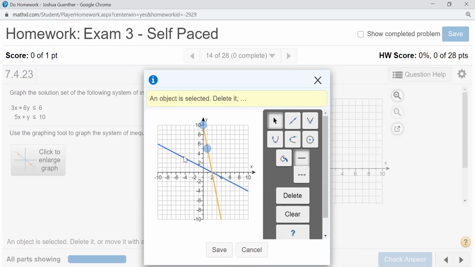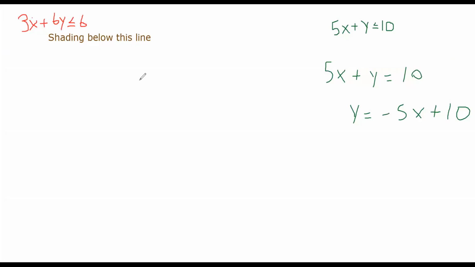Now I have to determine where to shade. Once again, this line doesn't pass through the origin, so I'm going to let the origin be my test point, the 0, 0. So I'm going to test, once again, 0, 0 into my inequality.